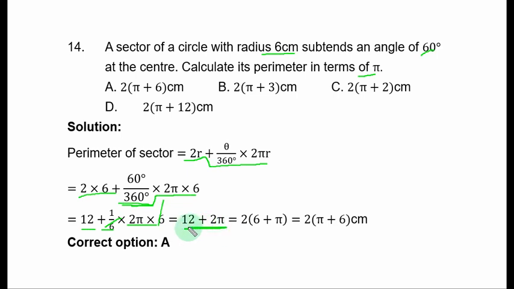If you factor out 2, you have 2 bracket open 6 plus pi, which can be expressed as 2 bracket open pi plus 6. Addition is commutative, and as such 6 plus pi is the same as pi plus 6. So A is the correct option.